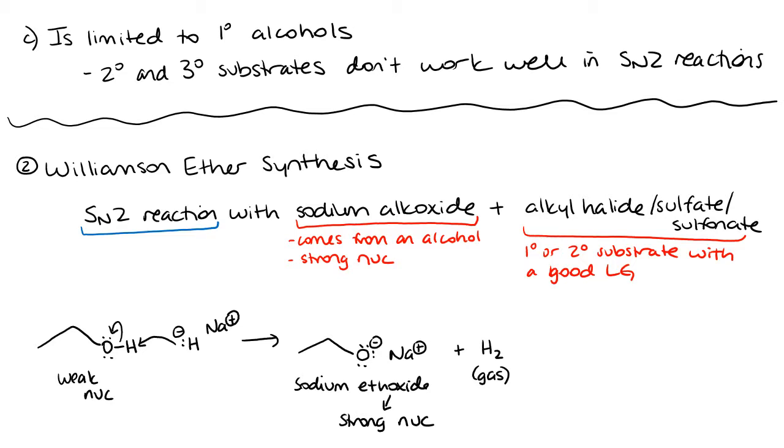So now our ethoxide will act as our strong nucleophile, and we can put it in the presence of an alkyl halide, such as a 3-carbon chain containing iodine, which is a good leaving group. Now the ethoxide will come over, attack the carbon containing our leaving group, kick off our leaving group, and again this is an SN2 mechanism.